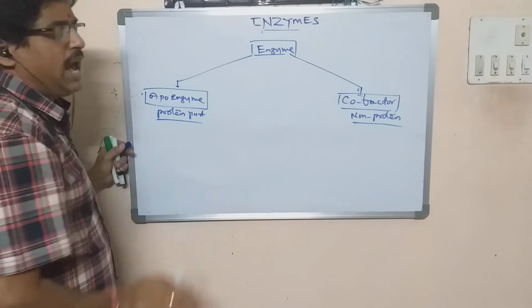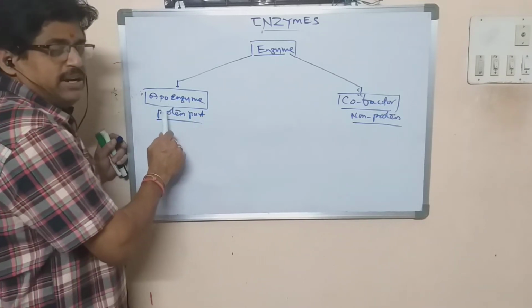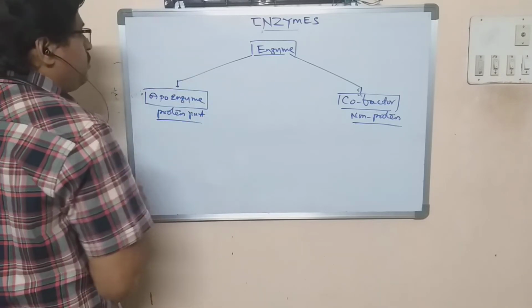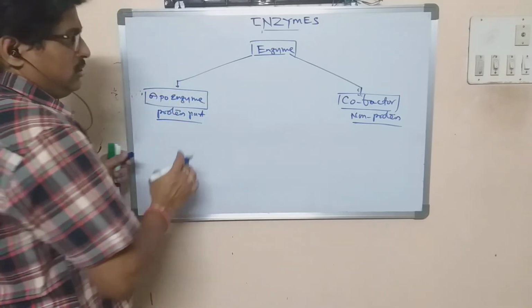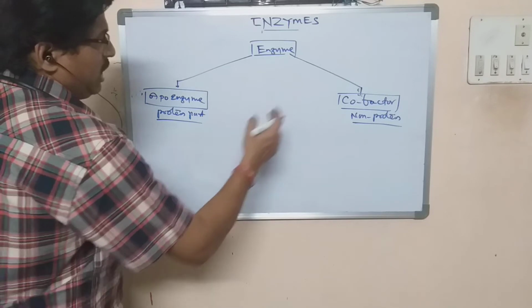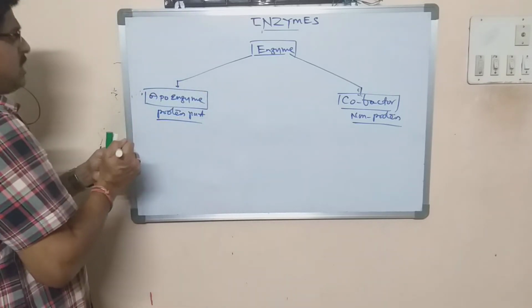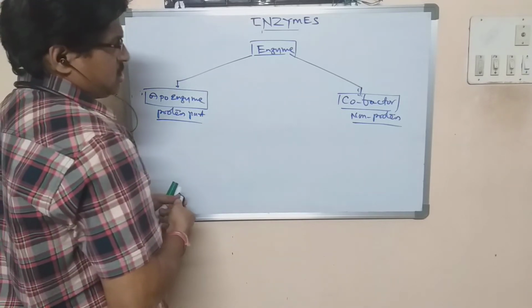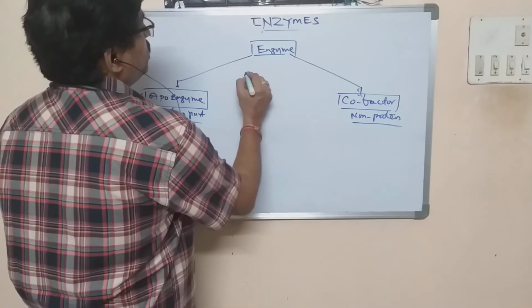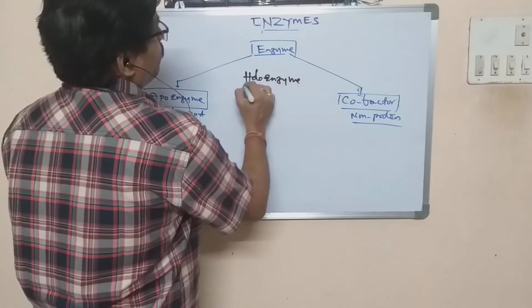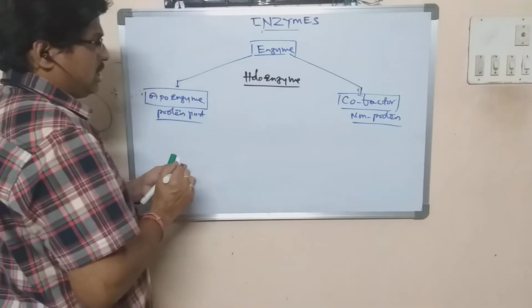The apoenzyme can act independently, like simple enzymes with only a protein part. Conjugated enzymes are associated with a cofactor. Both put together, the apoenzyme and the cofactor, are called the holoenzyme.